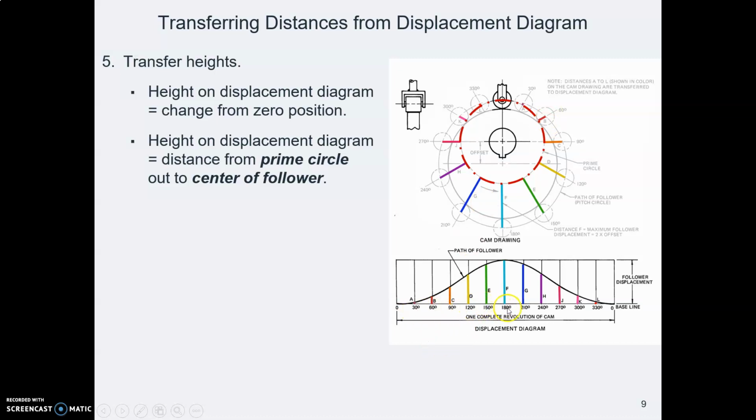Moving along our graph, when we get to 180 for this particular cam, there's a long distance. That's the height under our curve. And so that's a long distance from the prime circle out 180 degrees to where the center of our follower is sitting. If this is bugging you, just let this first wave wash over you and we'll come back and pick it up again. This isn't our first time we'll think about this.